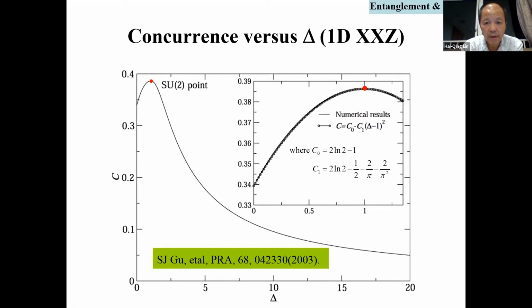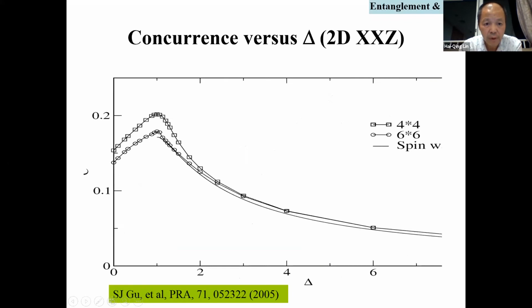Also, you can do a more careful study, and you find that for one dimension, this XXZ model can be solved by Bethe ansatz, so you can calculate the concurrence analytically, and we find that at the Heisenberg point it is a continuous function, as shown in this inset here.